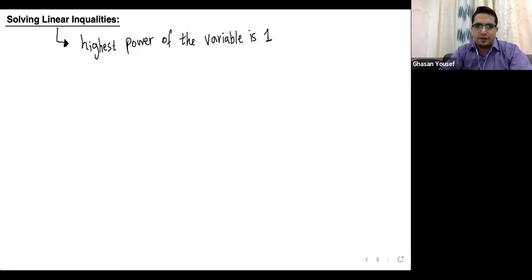For example, I'm going to start solving a linear inequality by giving an example, and I'm going to explain it step by step.